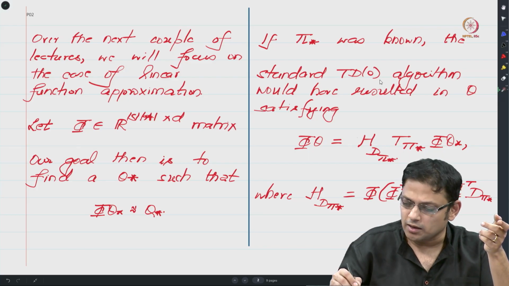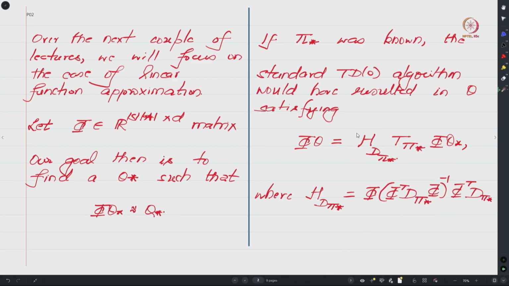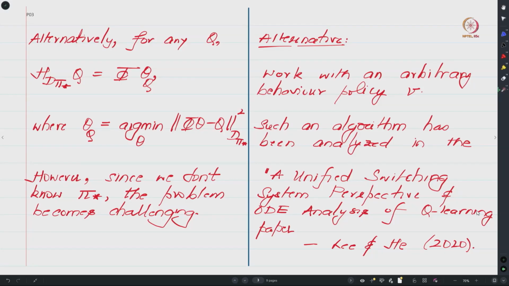So what is the projected Bellman operator? It is the product of the projection matrix Pi subscript D pi star, I will tell you what this means, times T pi star. If pi star was known, T pi star is your Bellman operator associated with policy pi star, and this Pi D pi star is the matrix given over here, and one can see that it basically does the job of projection.